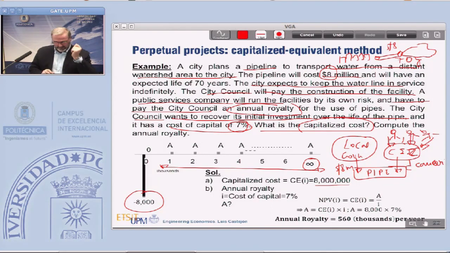Now we need to calculate the constant annual payments we will receive from investing 8 million dollars today, in the case of putting this money in a bank at an interest rate of 7%.